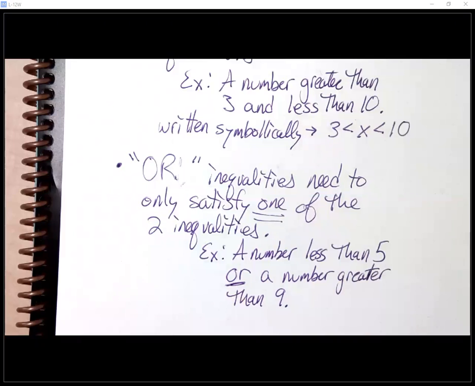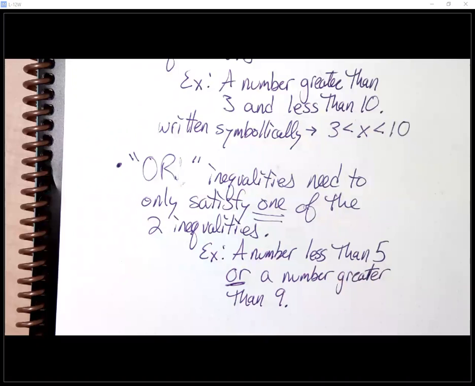I only have to satisfy one of these two things. So I'll give you a number and you tell me if it would be a solution to this or not. You ready? 12. Yes, because 12 is a number greater than 9. So even though it's not less than 5, it doesn't matter. It only has to work for one of them.